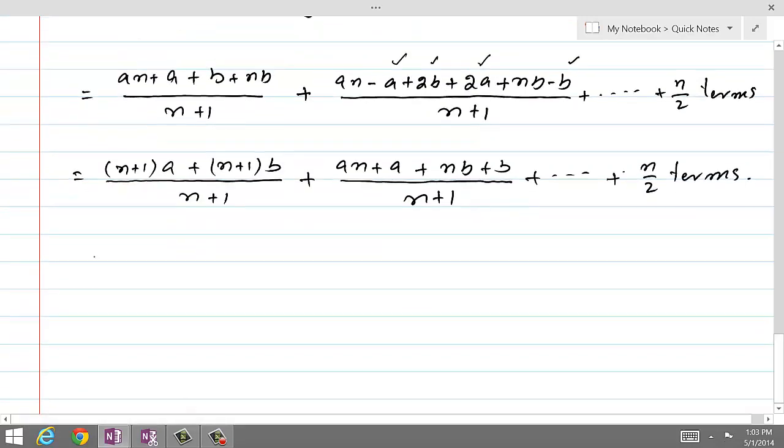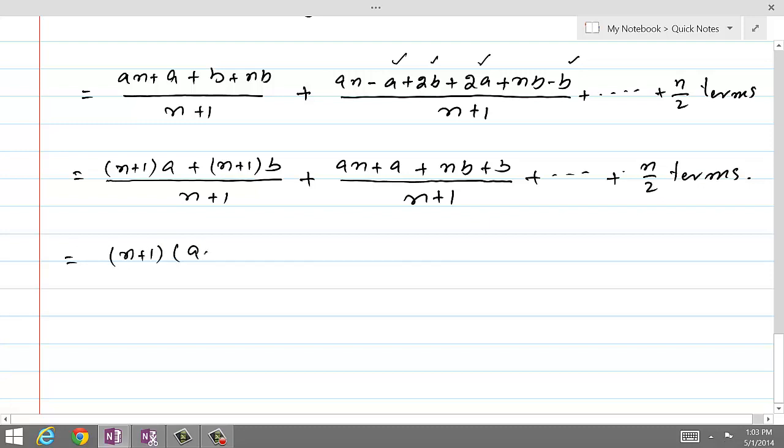And now if we take n plus 1 common, inside it is (a plus b) divided by n plus 1, plus this would again be n plus 1 times a plus n plus 1 times b over n plus 1, and the total number of terms is n by 2.